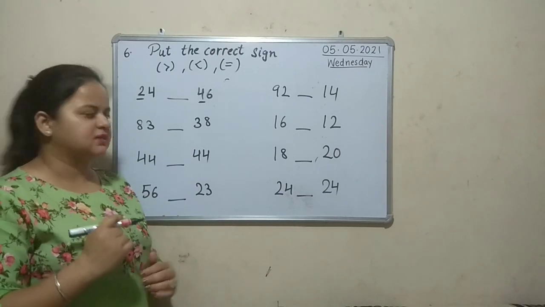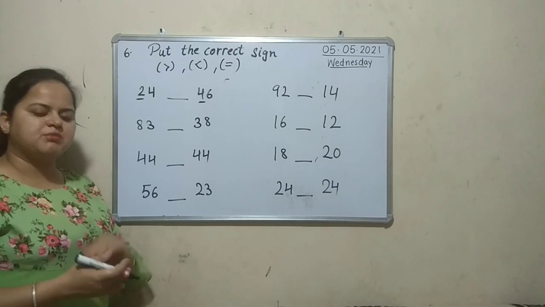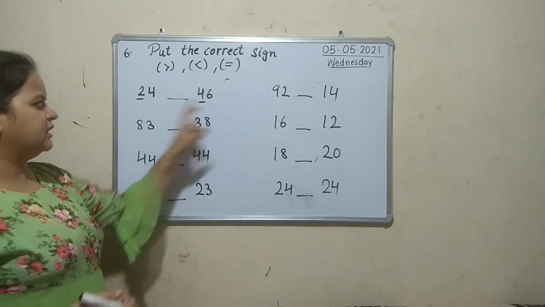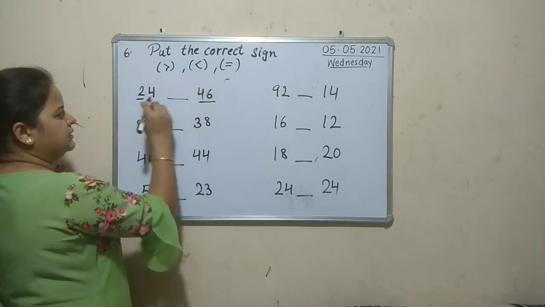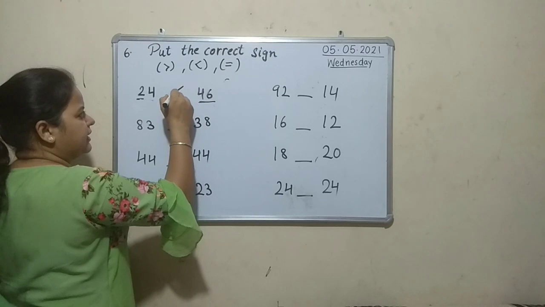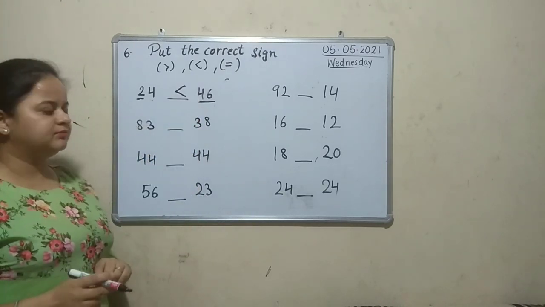Which number comes first? 2 or 4? 2. So the 2 is smaller number and 4 is greater number. So the greater one is 46 and 24 is smaller number. So we will put the sign like this. Okay.